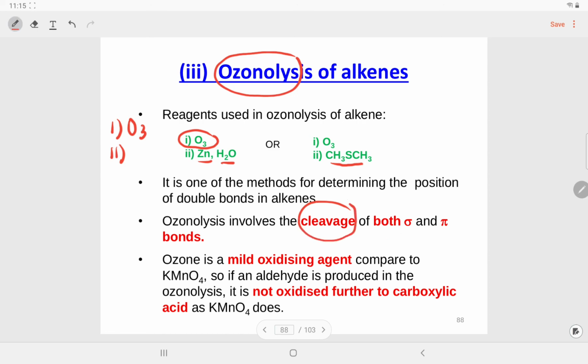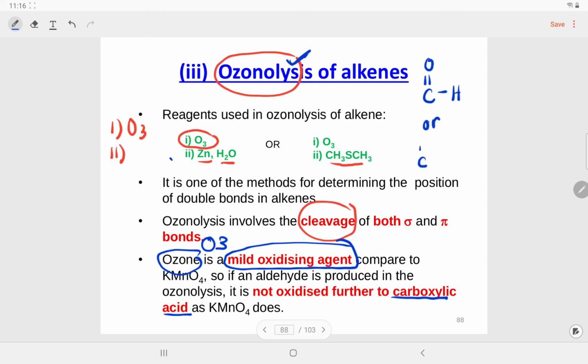So remember for this part, ozone O3 is a mild oxidizing agent. So if the side product is an aldehyde, it cannot be further oxidized to carboxylic acid. So as a conclusion, in the process of ozonolysis, no carboxylic acid forms. It just remains as a carbonyl compound, either C double bond OH or C double bond O with C and C, which is the group of aldehyde and ketone.